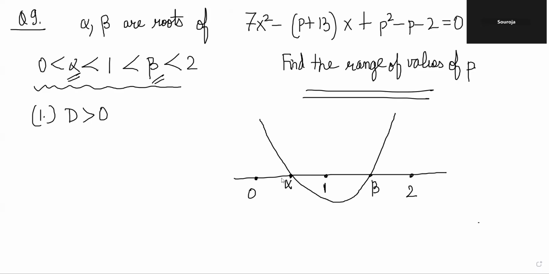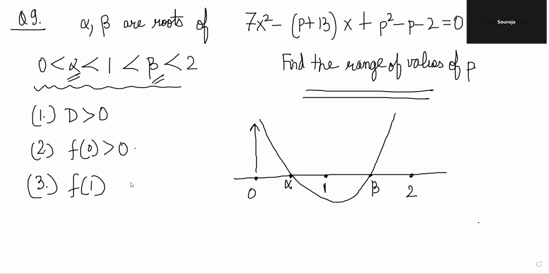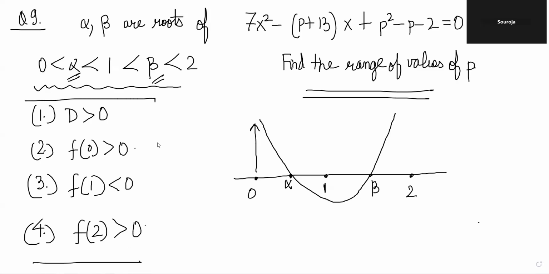Then, according to the graph, f of 0 will be positive, so f of 0 is greater than 0. Third, f of 1 will be negative. And finally, f of 2 will be positive.